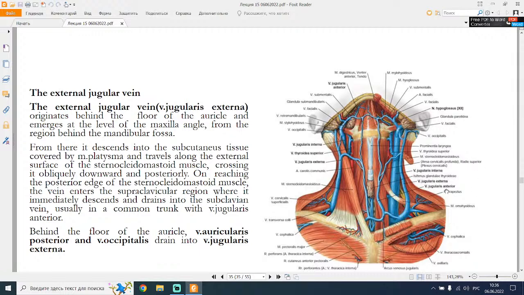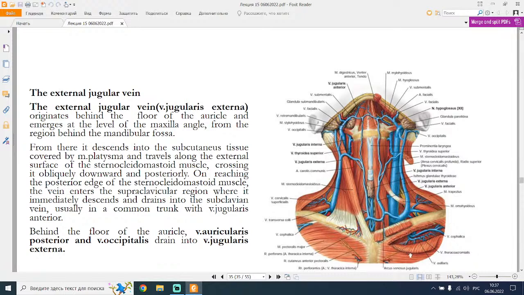From there it descends into subcutaneous tissue covered by musculus platysma and travels along the external surface of the sternocleidomastoideus muscle.